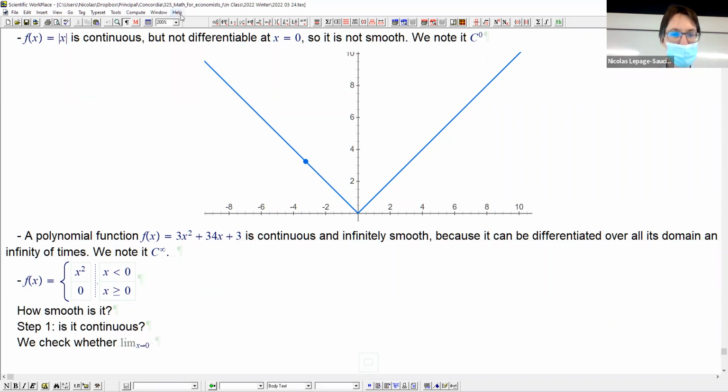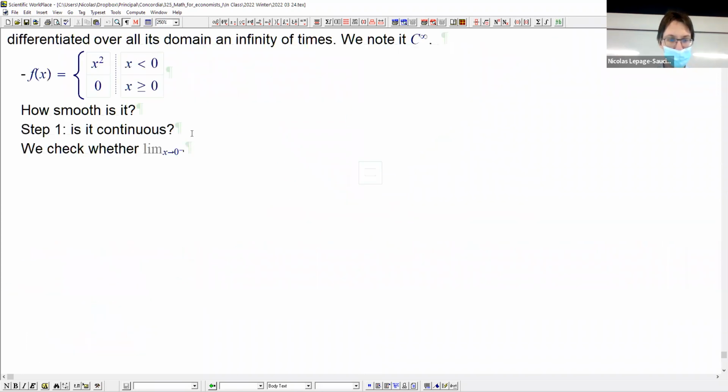That's very small, I'm going to try and make this bigger. Yeah, we can see better. Okay, so whether this limit of f of x is equal to f of 0, is equal to the limit when we come from the right.